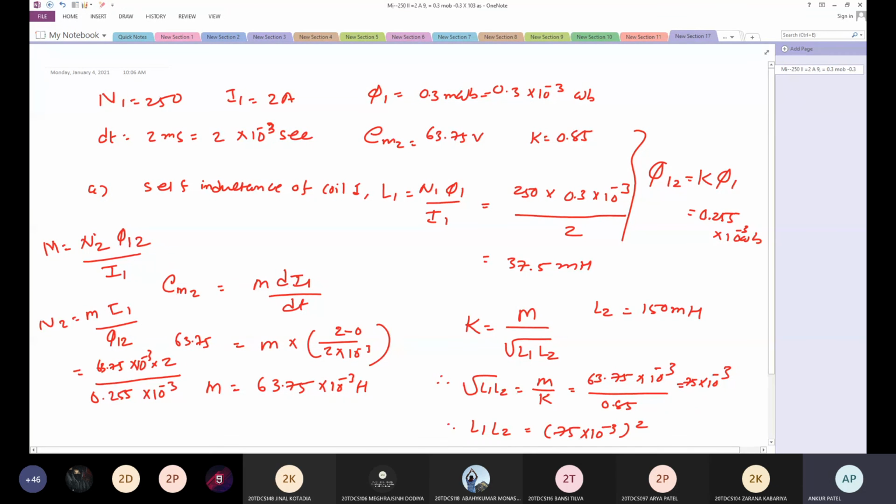Okay, 500. It is 500. Okay, everyone getting this answer? 500. You can write 500 turns, okay? It is dimensionless, but you can write it 500 turns.